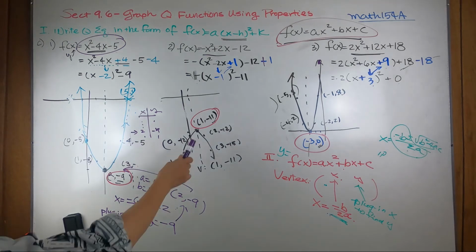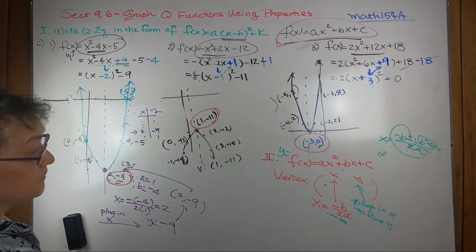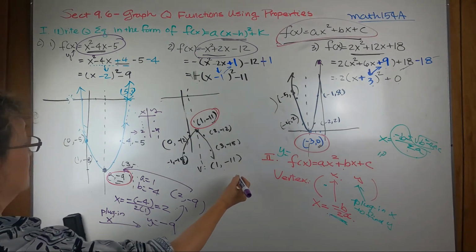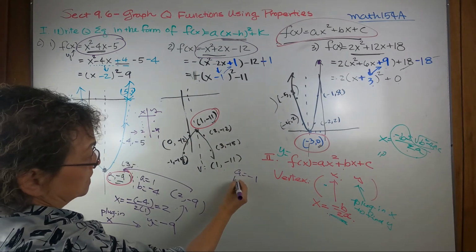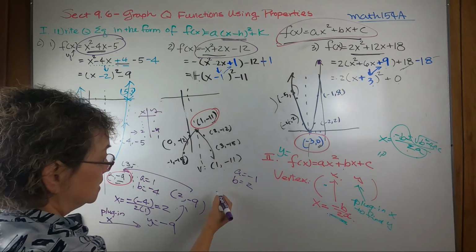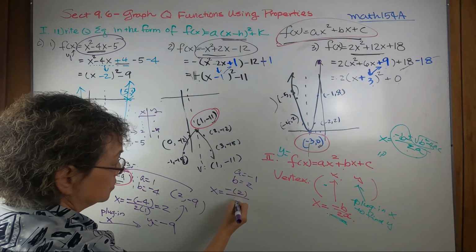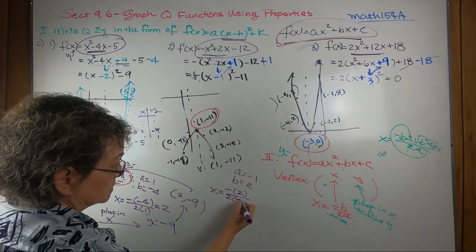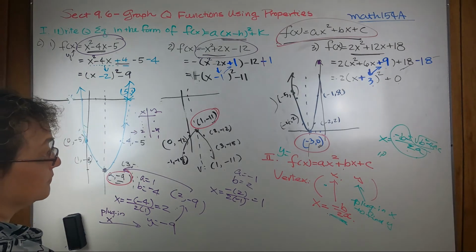Okay, let's check this one. So this is my standard form. What's my a? My a is negative 1. b is what? 2. So my vertex, by the formula, I should have x equals negative 2 over 2a. So that would be 1.